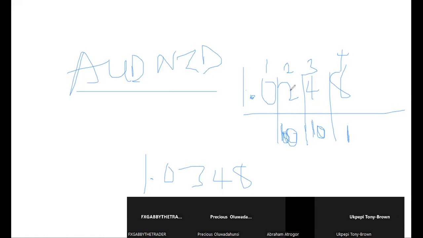So we need to know which number changed. The number here, we have 1. If we match the 1 to this, it's still the same. If we match 0, it's still the same. Now remember, don't forget. And then if we match 3 to number 2, we now match 4 to this 4.